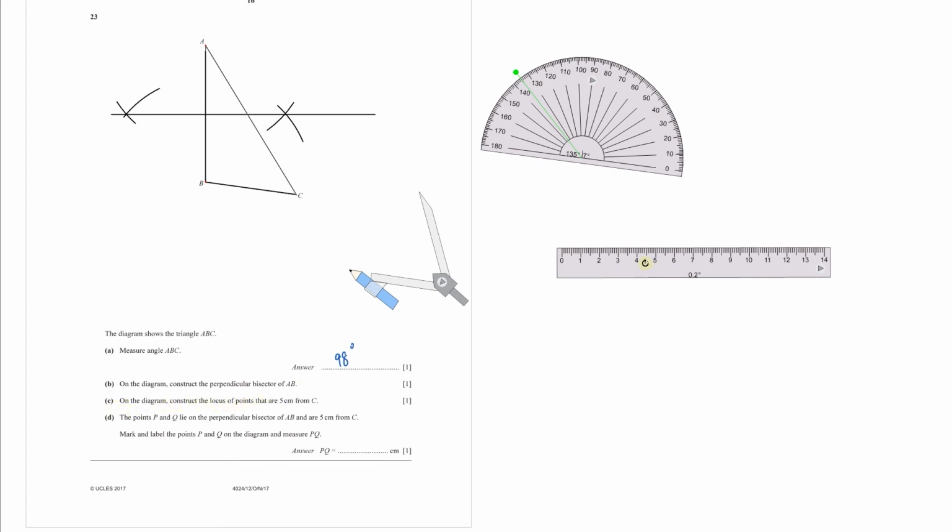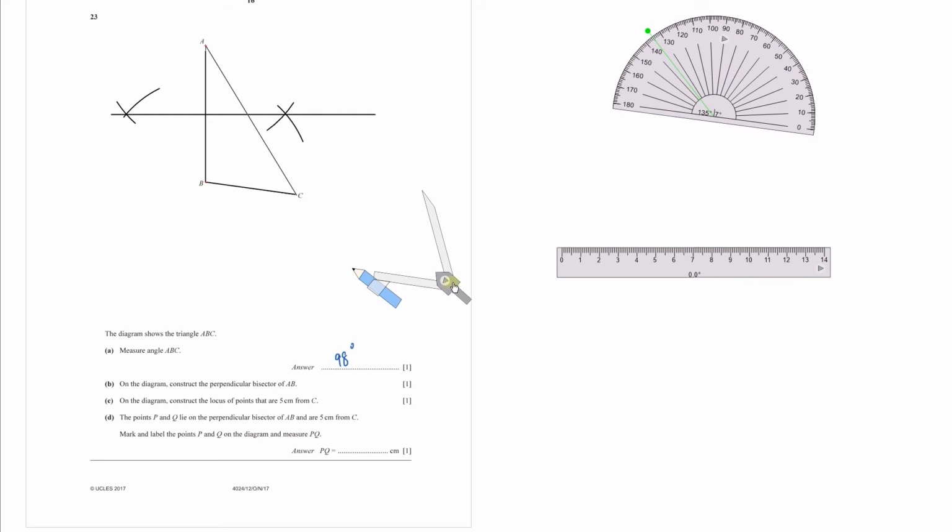Part C is, on the diagram, construct the locus of points that are 5 centimeters from C. So how do you draw a locus of points at a given distance? You draw a circle of the given radius. So your radius in this case would be 5 centimeters from C. Let me open my compass up to 5 centimeters. You place it here on your ruler, and then you open it up to 5.